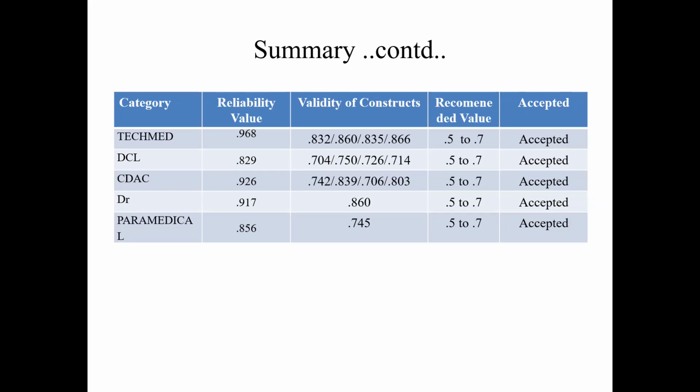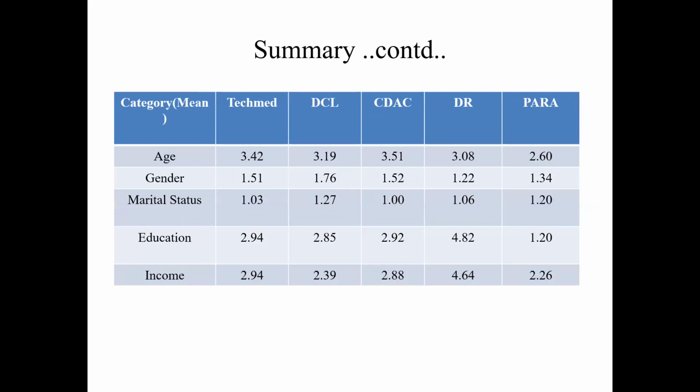Doctors, the reliability value is 0.917. The validity construct is 0.860, which is again accepted. The paramedical reliability value is 0.856, 0.745, and the recommended value is 0.5 to 0.7, which is again accepted.